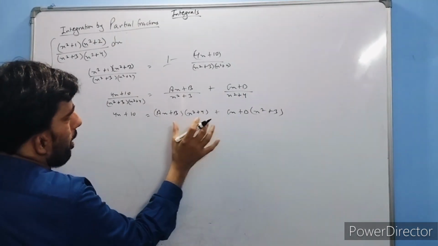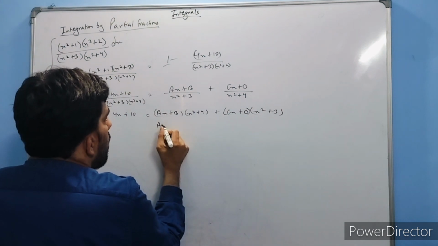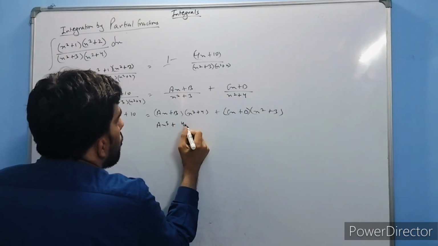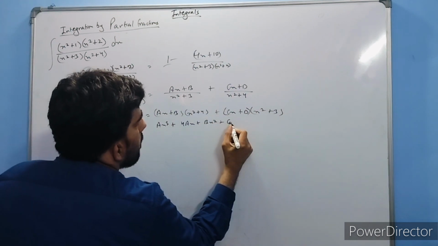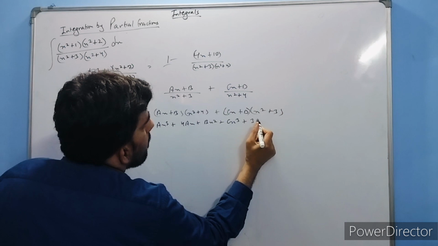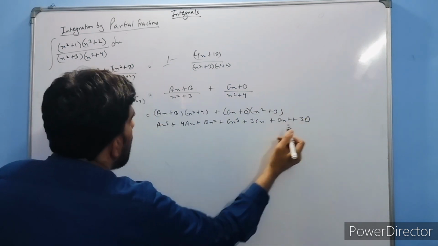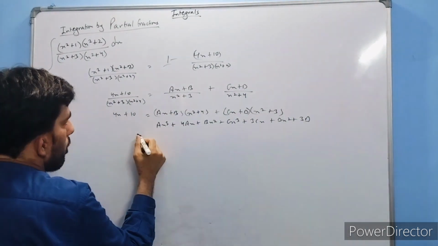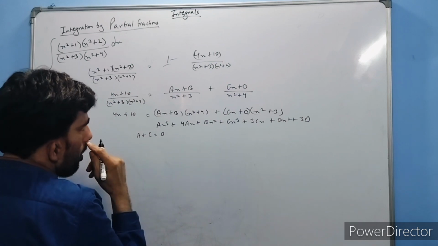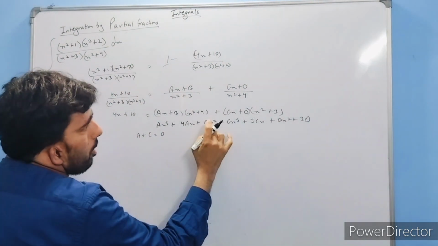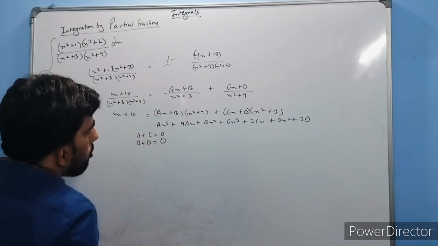Now if I compare, what I got here is ax cube plus 4ax plus bx square plus cx cube plus 3cx plus dx square plus 3d. Now I see a plus c is equal to 0, and if I go for x square, b plus d is equal to 0.